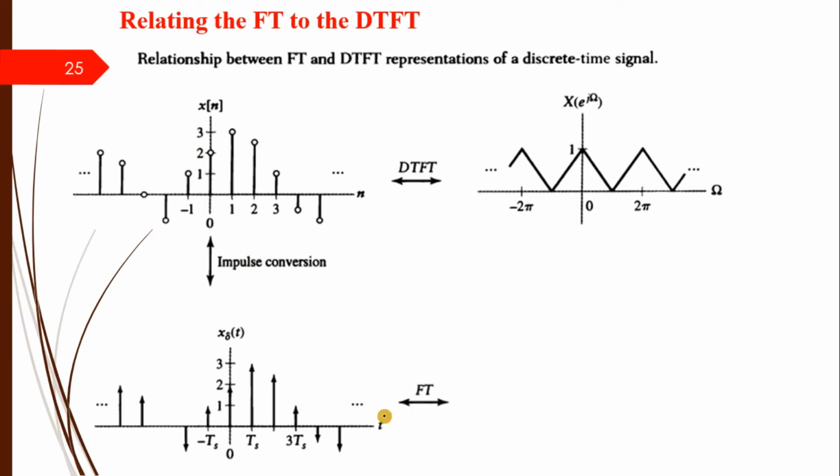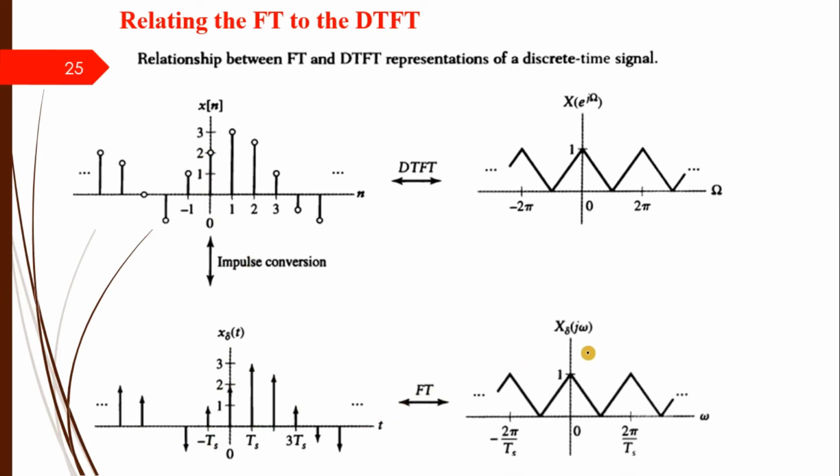Now, if I take its FT, the only change is minus 2 pi by ts, because we have done omega equal to small omega ts, or else I can write omega equal to capital omega divided by ts. Capital omega components are here. You have to just divide by ts. Capital omega component is minus 2 pi here, so divide by ts.